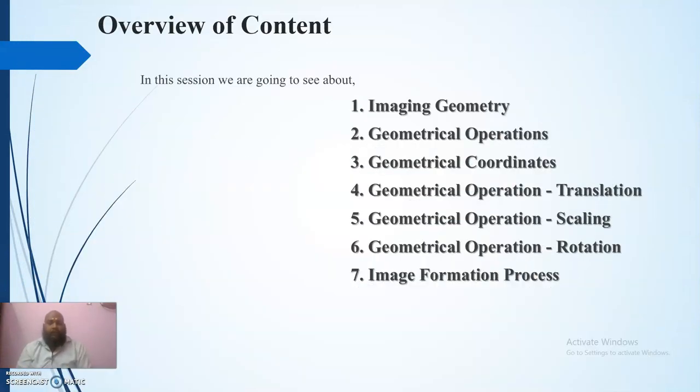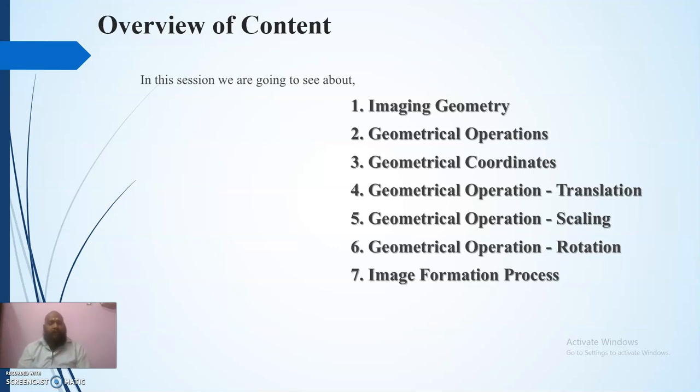So in this session, first we will learn what is meant by imaging geometry. Then we will discuss the various geometrical operations and the associated geometrical coordinates.